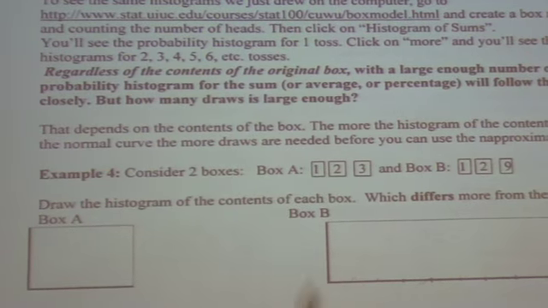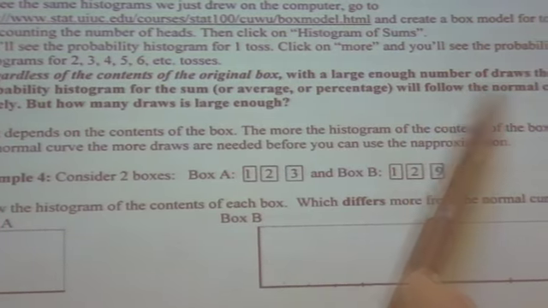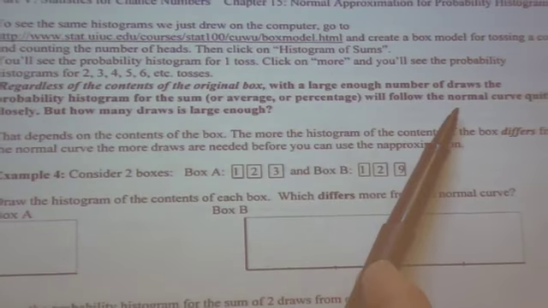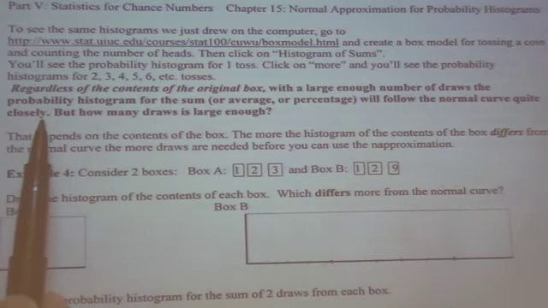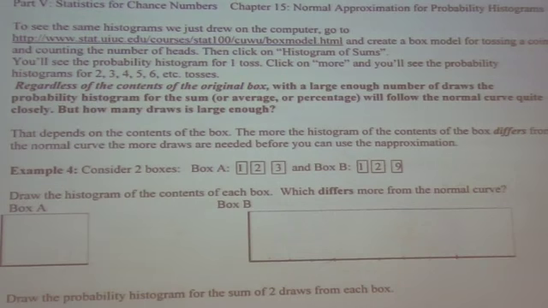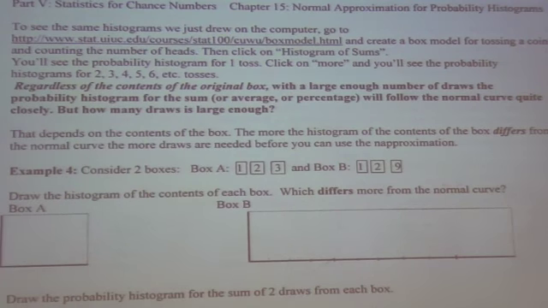Regardless of the contents of the original box, with a large enough number of draws, the probability histogram for the sum, the average, the percent, will follow the normal curve quite closely, which is going to be amazingly useful because we're going to be able to substitute the normal curve for the actual probability histogram as long as we have enough draws, so we'll be able to figure out the chances really easily, the way we did with descriptive data.